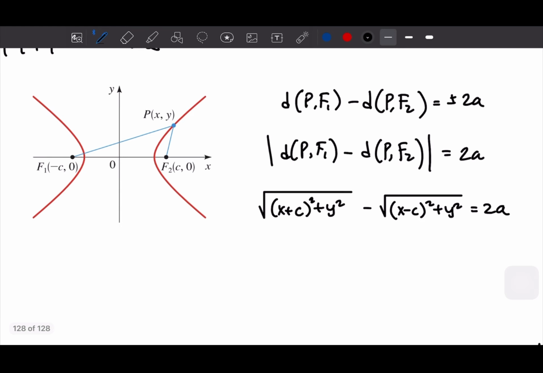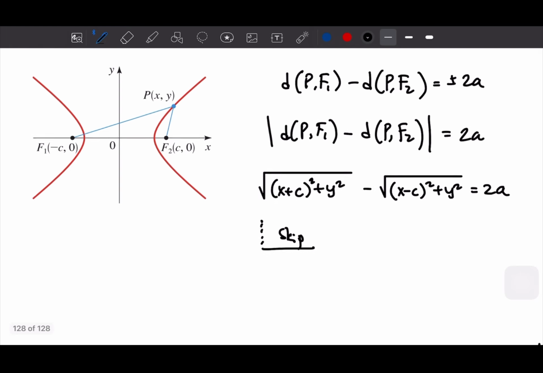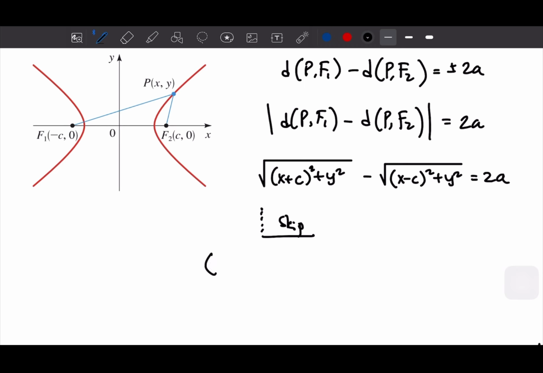I will skip the process. Finally, you will see it's the same thing as in the ellipse. You can try squaring both sides and then solving, and then you will see the equation becomes... Of course, we will have the minus, not plus as in the ellipse.